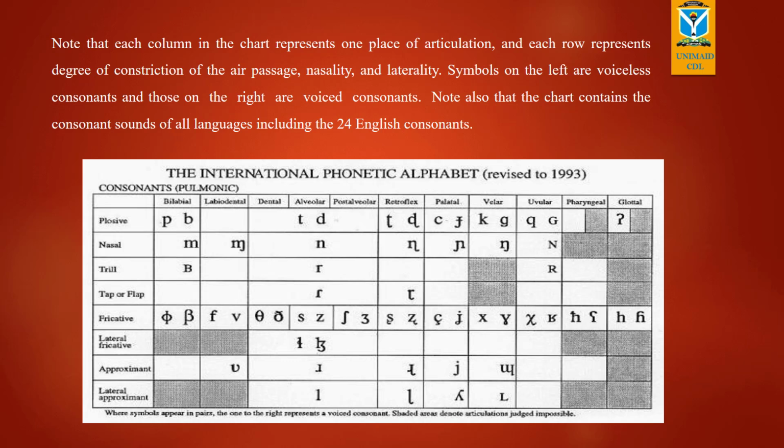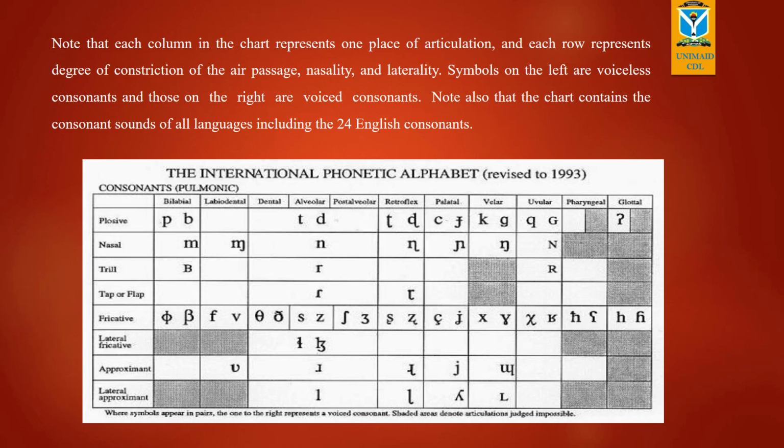Here you have the places of articulation on top, where you have bilabial, labiodental, dental, alveolar, postalveolar, retroflex, palatal, velar, uvular, pharyngeal, glottal, depending on the language in question. And our own case is the English language. Then we look at English sounds based on the descriptions we've explained.